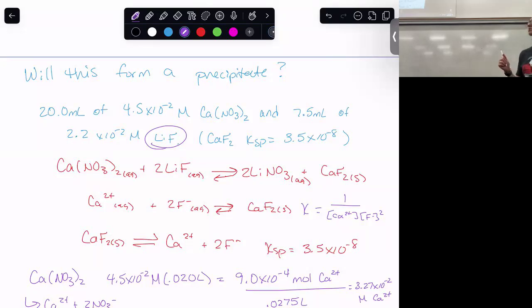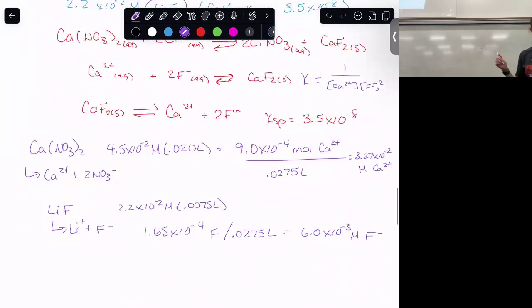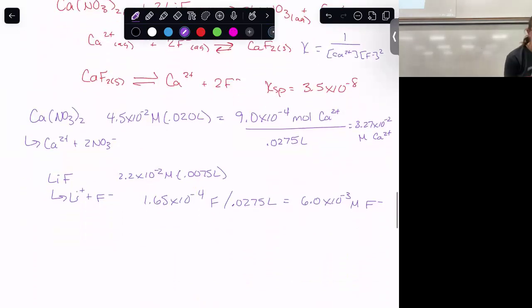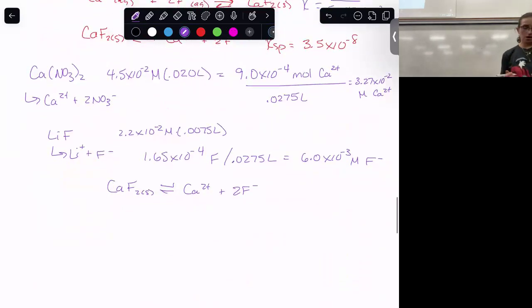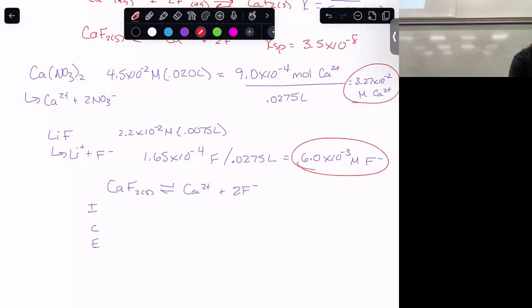Okay. So how this now plays into KSP is that if we were to write the KSP, we said that was calcium fluoride forming calcium and 2F minus. Our initial for our ice table is now what we solved for as our molar concentrations here, because that's what we're starting with.